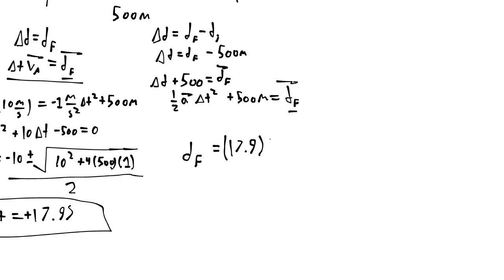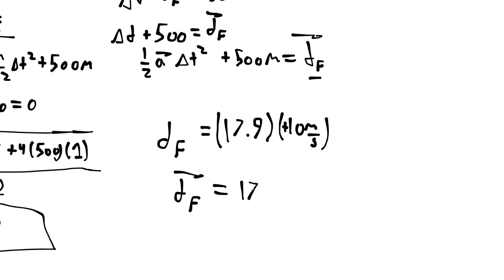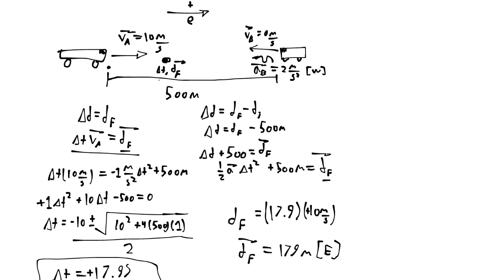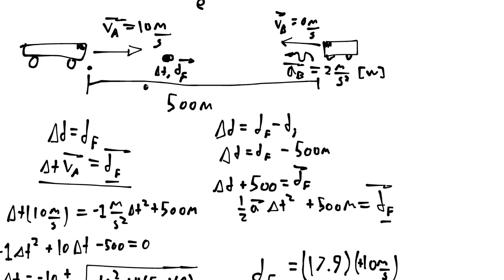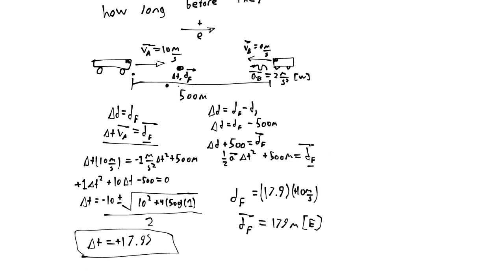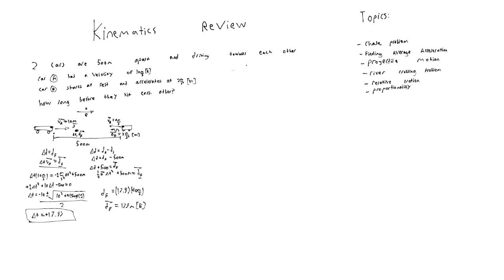I don't have all the decimals with me, so times 10 meters a second, that's positive, and you'd get df equals about 179 meters east. So that is where they hit each other, which is kind of where I said, right around here or so. Actually, maybe a little bit more, like about there. Alright, so that's all for this one. Let's move on to the next thing.